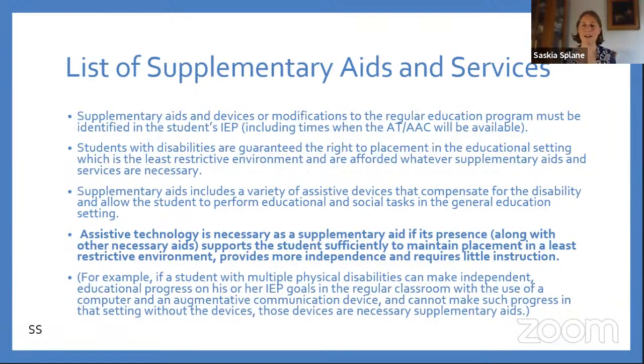So a lot of our adult AAC users here in the conference, it would be listed under their supplementary aids because they're using it independently, which is great and awesome, and where the end goal is, right? So that is where it is listed. However, again, some of your states might mandate that if you click the box, it needs to be listed. It's not going to hurt, but it's an additional thing to know.